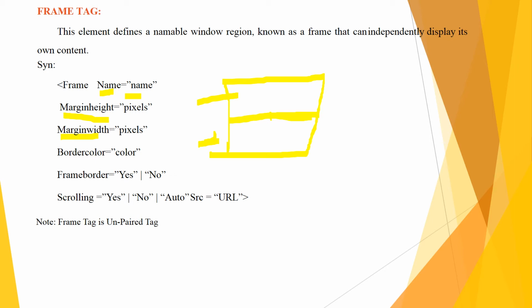And we have to mention a URL for this frame, meaning which HTML document will load for which frame. We have to mention that URL or path in the src section. Src means source, where the HTML document will load. You have to give it in this src attribute.